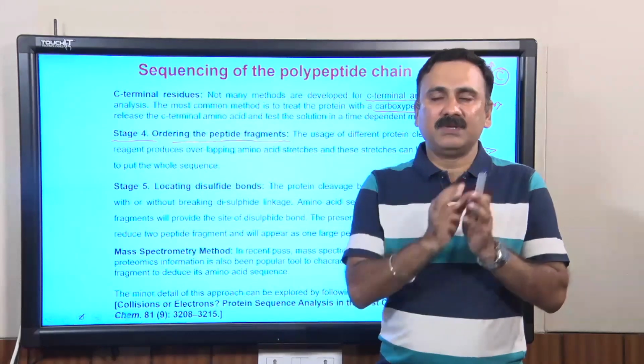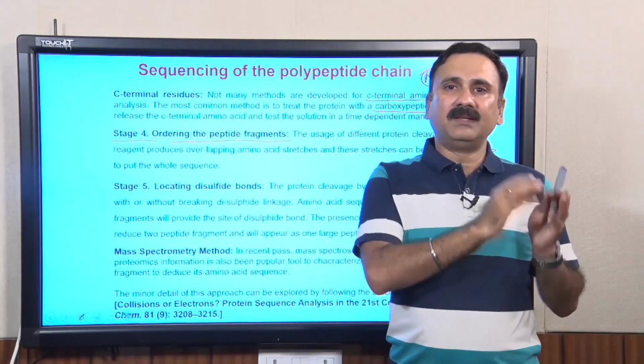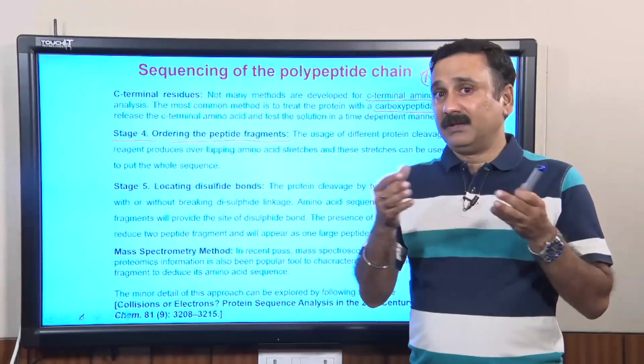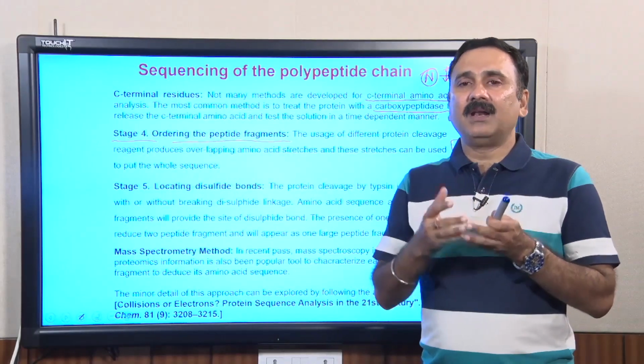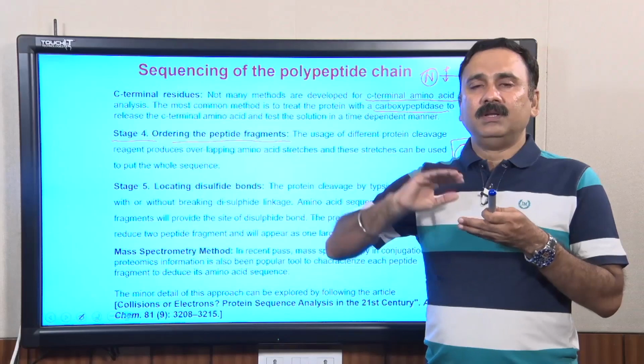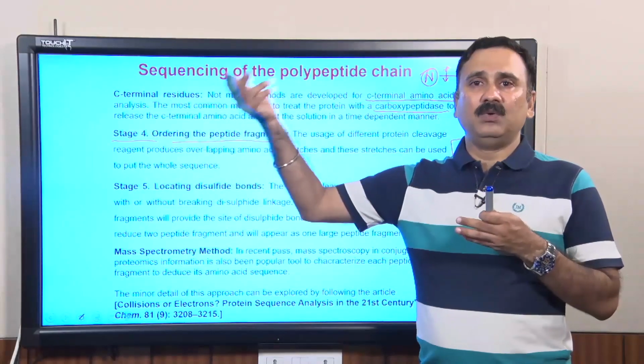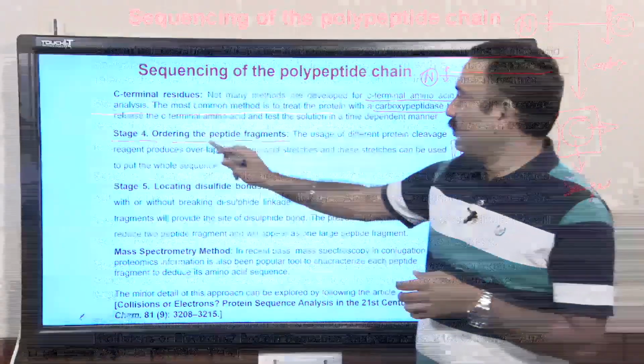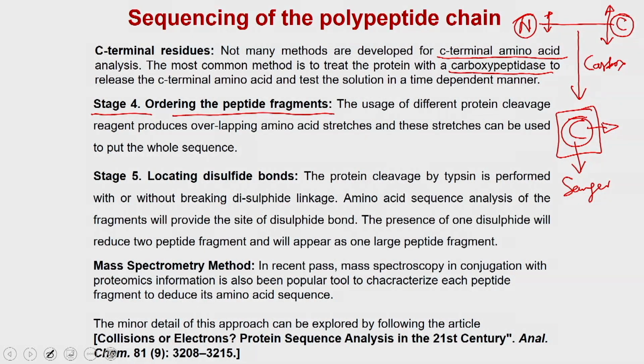These peptide fragments you have sequenced either by the Sanger method or the other method, and now you have the sequences, but these sequences are not going to give you the original protein sequence. The second step is to put these peptide fragments into a particular order, so that you will be able to get the original sequence.